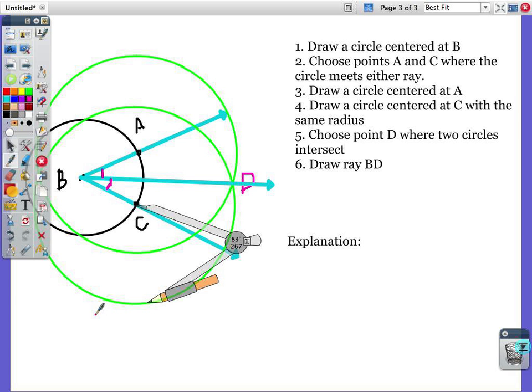So we need to say angle ABD, because I can't do the angle symbol, is congruent to angle DBC. That's the last part of our explanation, because that's what it means to bisect an angle.